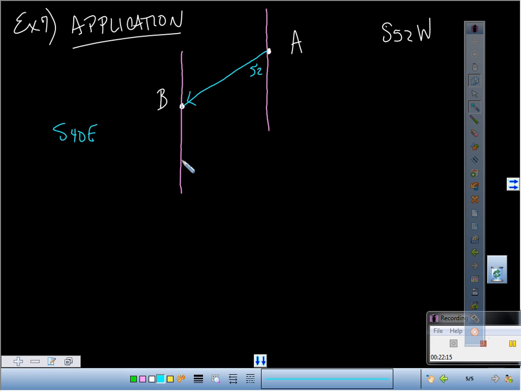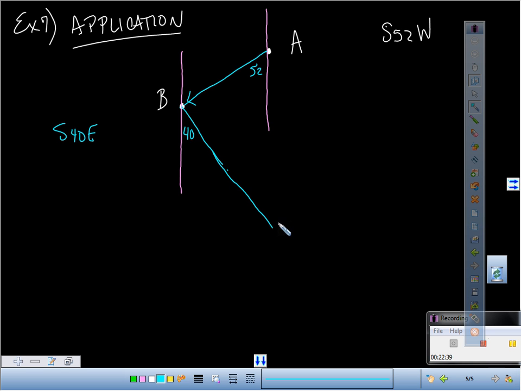So I'm starting south again. I'm moving 40 degrees. Which way is east? Left or right? Right. Okay, and I'm going 40 degrees off of this. So not quite halfway. So this is my 40 right here. Alright, and then I keep going on this bearing until I'm at point C.